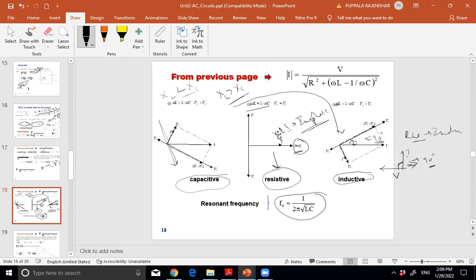Here voltage is here, current is here, and the angle is less than 90. But for a pure inductor, it will be here for voltage.